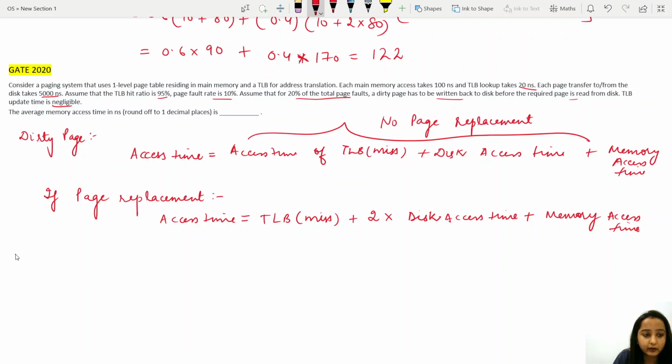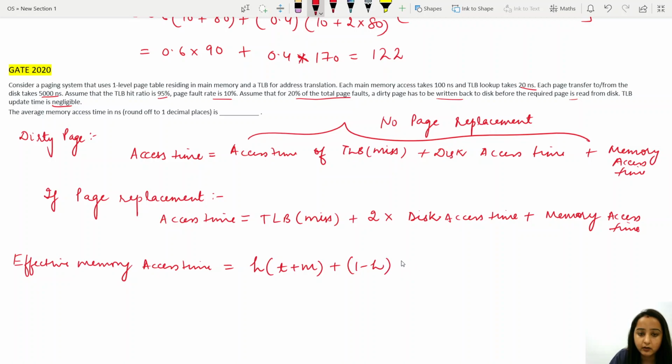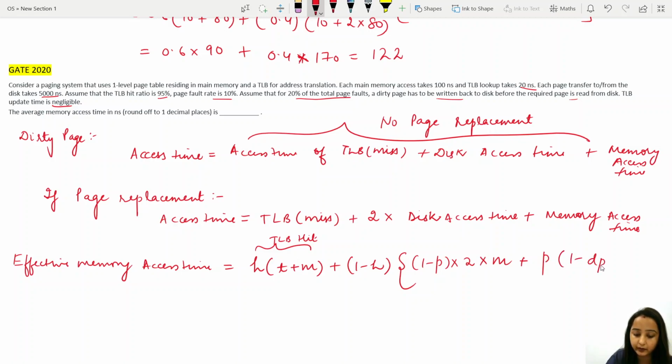So the formula, if I write the effective memory access time, will be equal to h multiplied by (t plus m) plus (1 minus h), this is when the TLB hit occurs, multiplied by (1 minus p) multiplied by 2 multiplied by m plus p multiplied by ((1 minus dp) multiplied by (d plus m) plus dp multiplied by (2 times d plus m)) plus t.